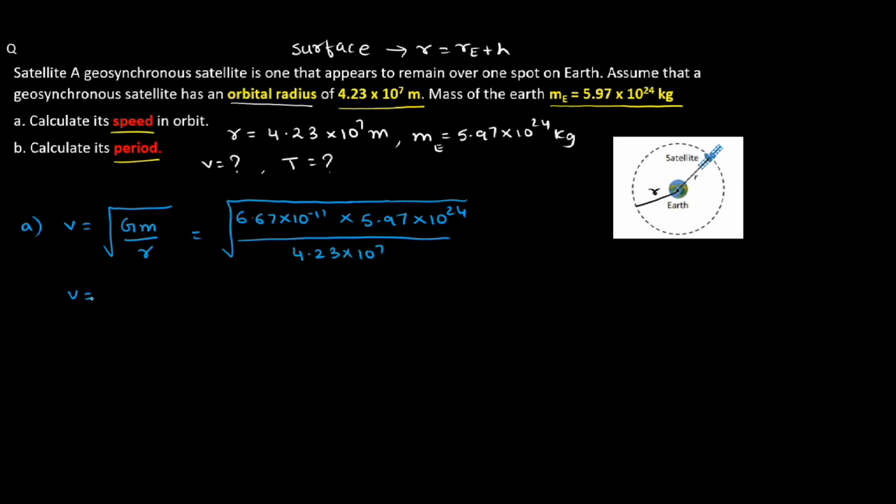And when you solve this, you get the speed of the satellite as 3068 meter per second, or you can write this as 3.07 times 10 to the power 3 meter per second.